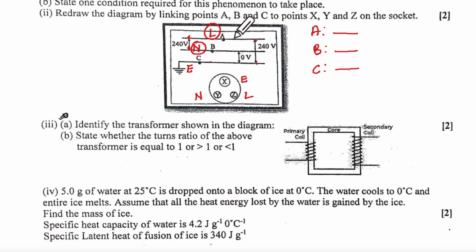Live is this. So it will go this way, jump over, and connect here. Understood what I've done? Yes, ma'am. Neutral is B. So from here it will go this way, jump over and connect with B. For A point, jump over.